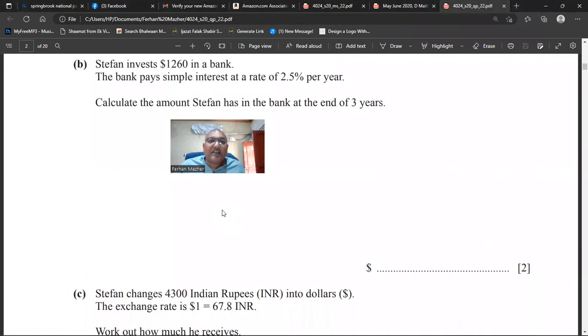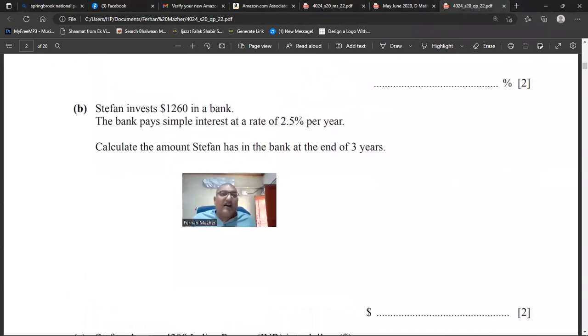And in the next part, that's the B part, he says, Stephen invests $1,260 in a bank. The bank pays simple interest at a rate of 2.5% per year. Calculate the amount Stephen has in the bank at the end of the 3 years. So at the end of the 3 years, you have to find out what is the total amount.